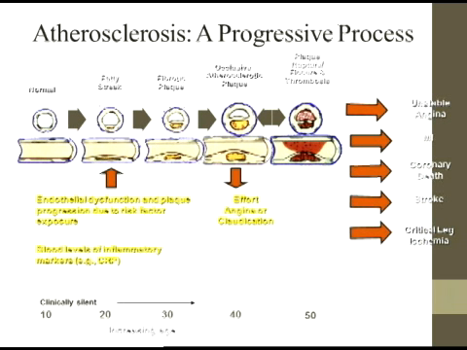And so why is this important? I included this slide on atherosclerosis to just highlight that. On the bottom, we see here that age is on the x-axis, from clinically silent, 10, all the way up to 50.